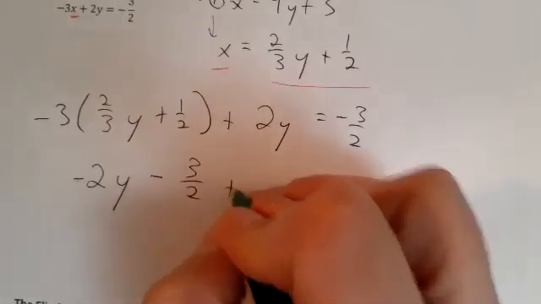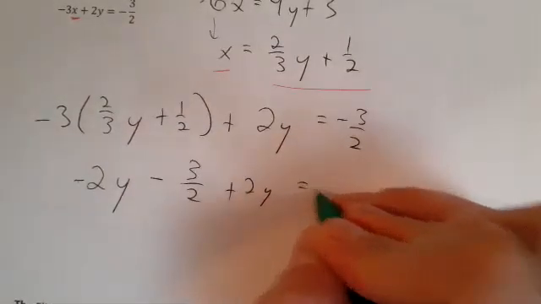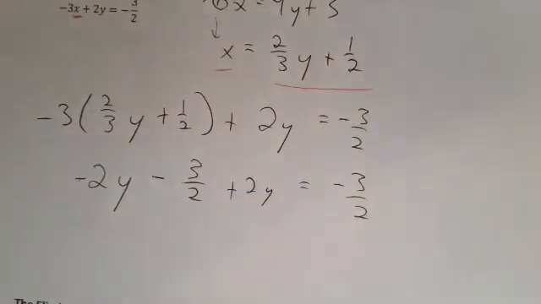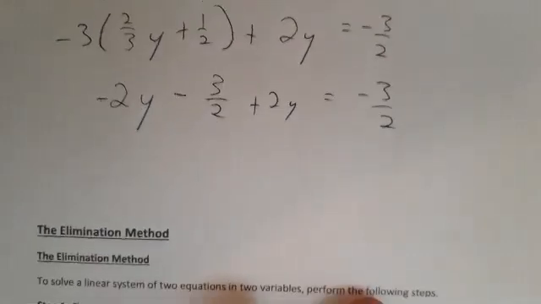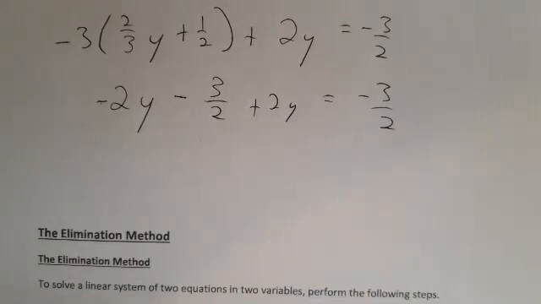And I have to add 2y. And this is equal to minus 3/2. So now we're looking at this: minus 2y minus 3/2 plus 2y equals minus 3/2.